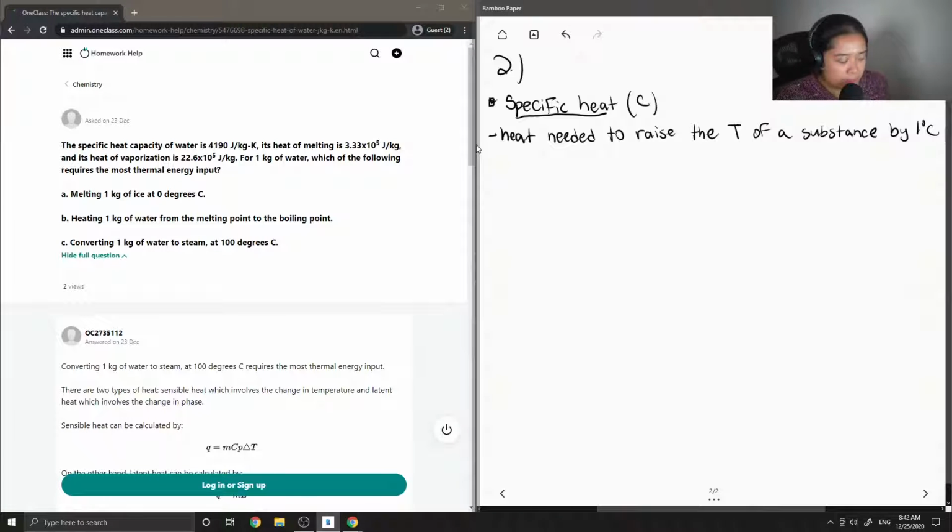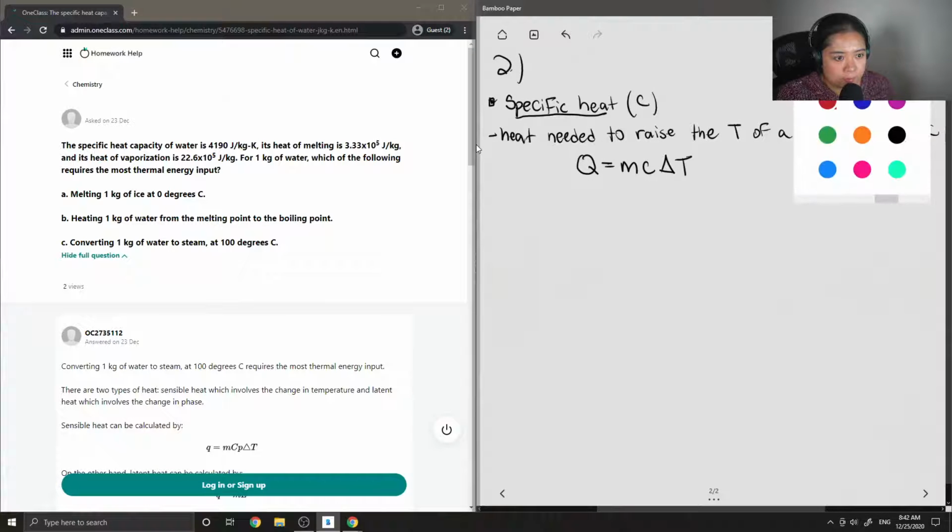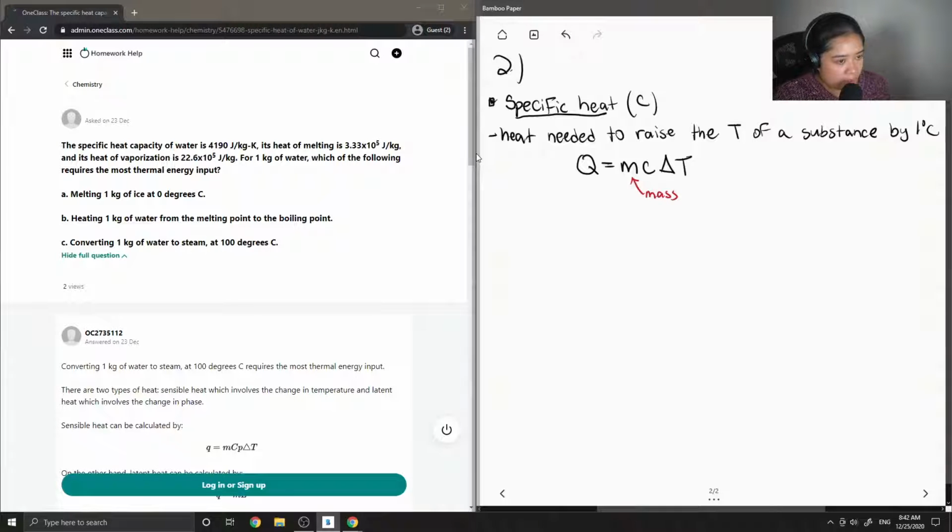So by knowing what specific heat is, this can help us calculate for Q, since Q is equal to m c delta T. So m is the mass, and delta T is the change in temperature, and Q is kind of like the net heat transfer of our reaction.